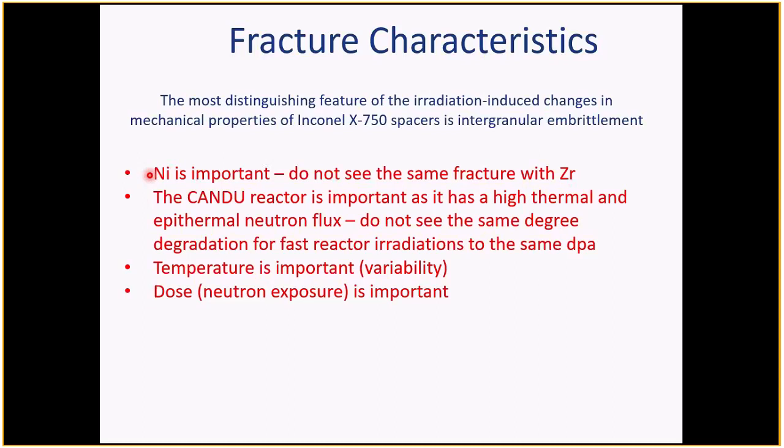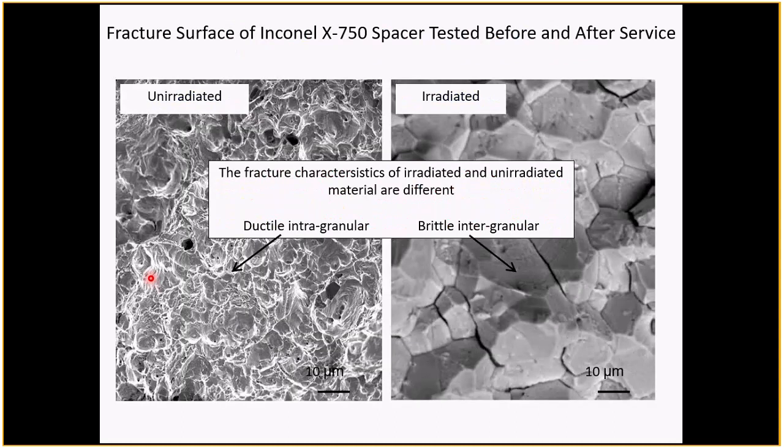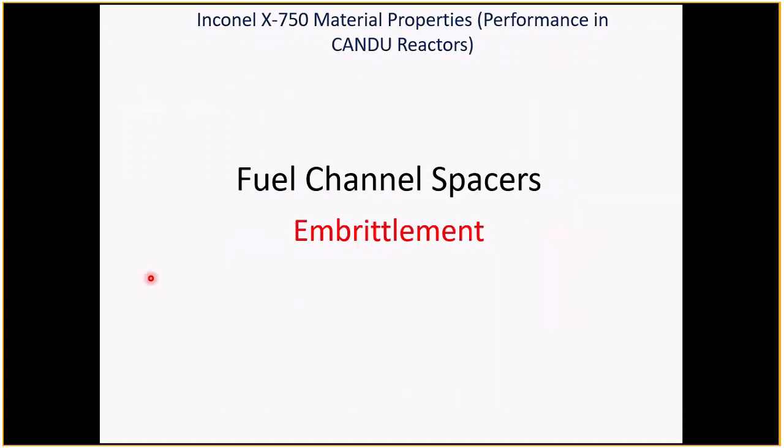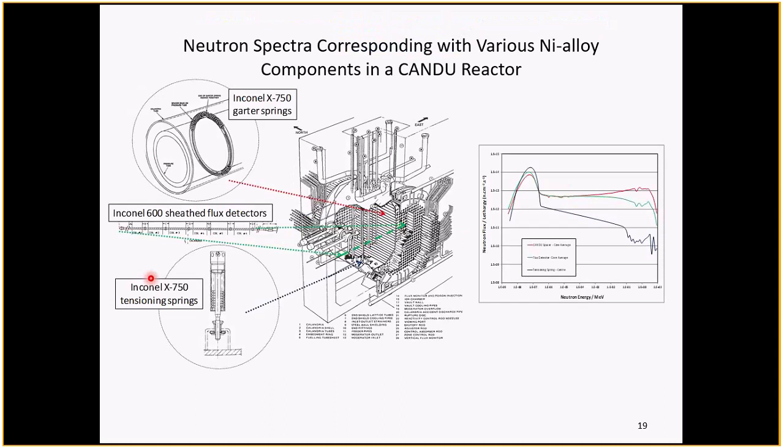So even when you have these two processes, high thermal flux and nickel, there is one saving grace: temperature is important. I mentioned how those tensioning springs were operating at 60 degrees C, and they're not failing.